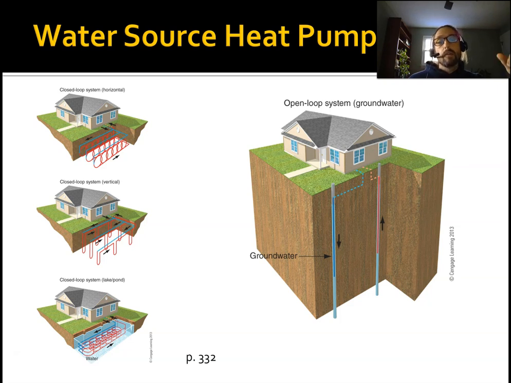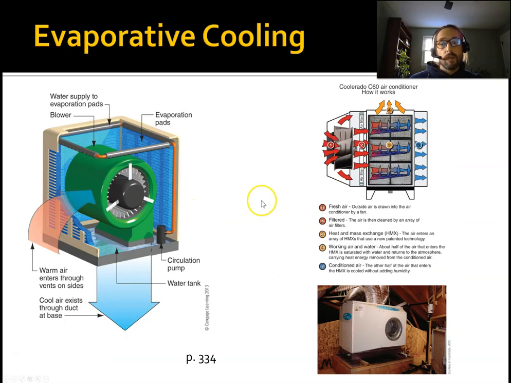And then the opposite is true for heating. The warmer the source, the easier it is, the more efficiently it will grab heat from that. So it's easier to take heat from a 55 degree ground than it is from 10 degree, 20 degree, 30 degree air. So that's the premise of your water source heat pump for the most part.